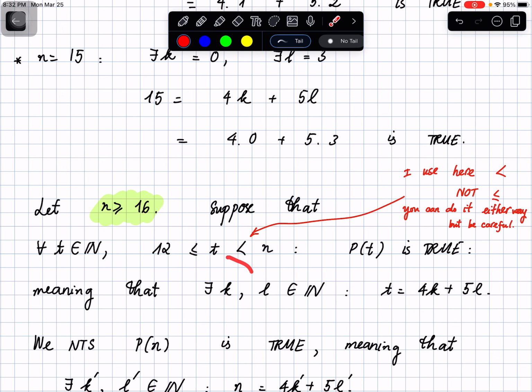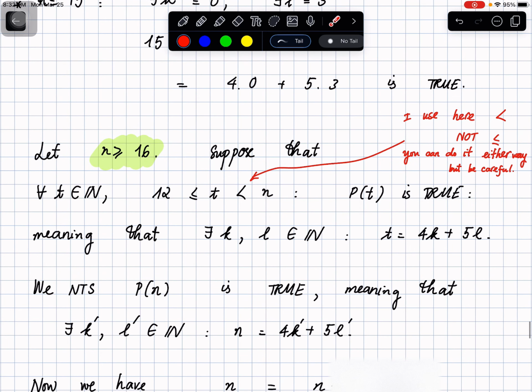You can use less than or equal to n, but be careful with considering all the cases. So we have all the cases at n at least 16, on t from 12 to n minus 1. Because t is less than n, for t from 12, 13, 14 until n minus 1, P(t) is true. We suppose that P(t) is true for any t from 12 to n minus 1.